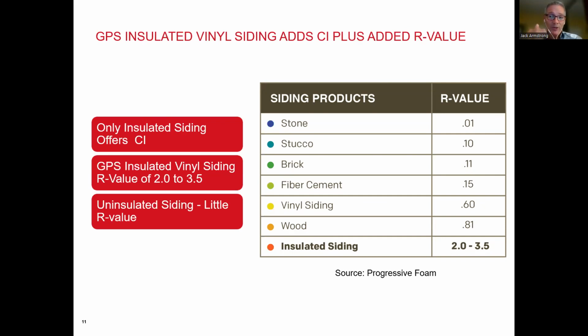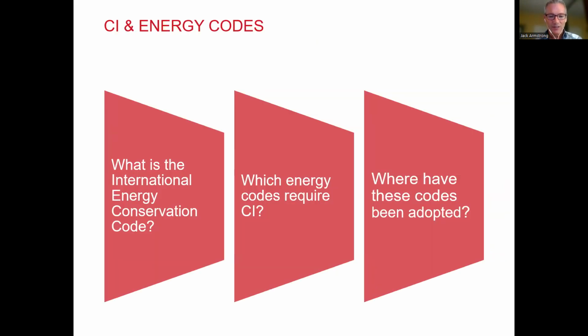Vinyl siding by itself with no insulation on the back is better, but it's still just 0.6. Wood sheathing 0.8. However, vinyl insulated sheathing is an extremely improved value of R2 to R3.5. And that's really the benefit of this product and satisfying continuous insulation.